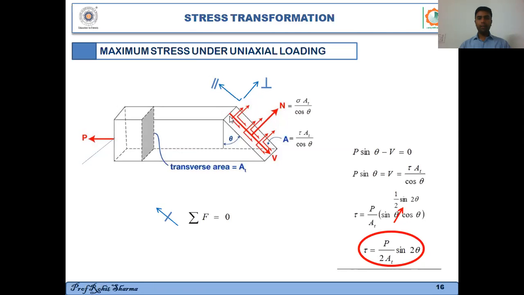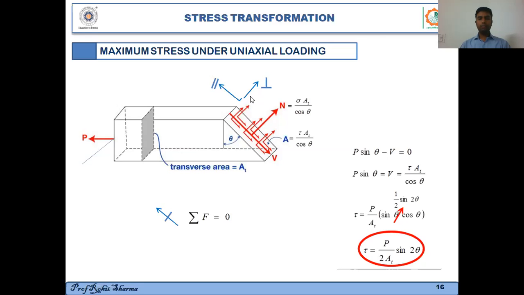One is perpendicular to this plane, and another is parallel to this plane. So I have considered these two directions, perpendicular and parallel. I know that this body is in equilibrium, right?